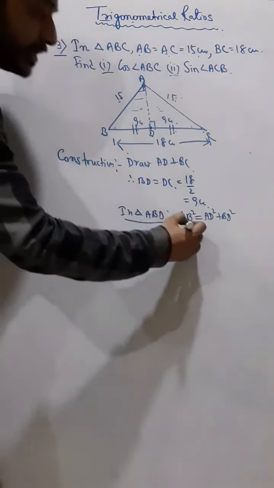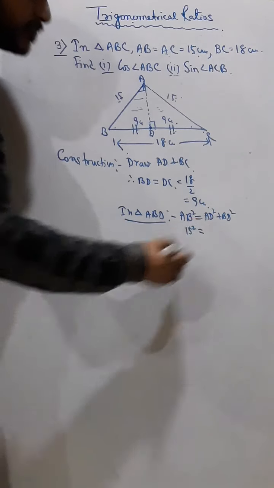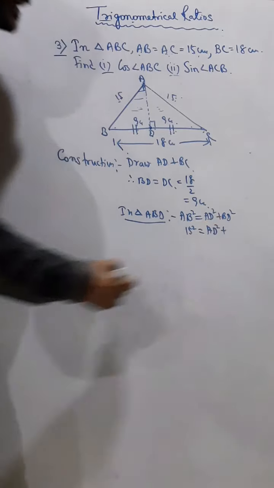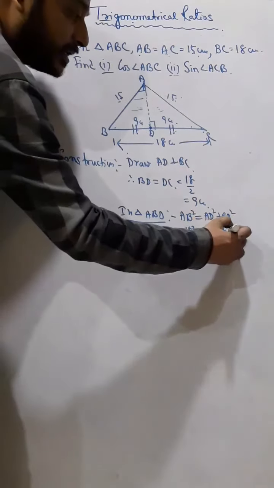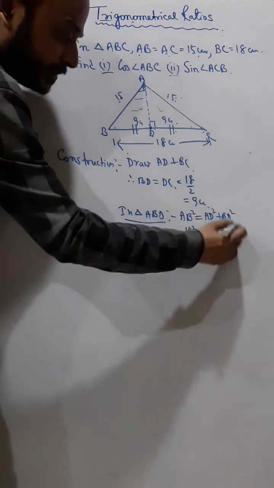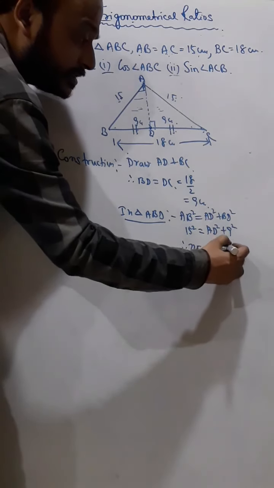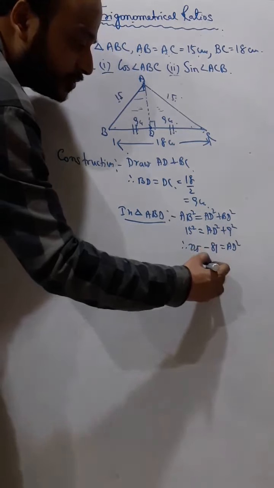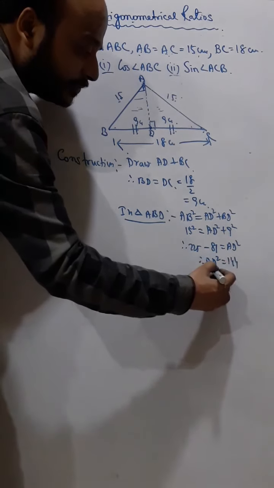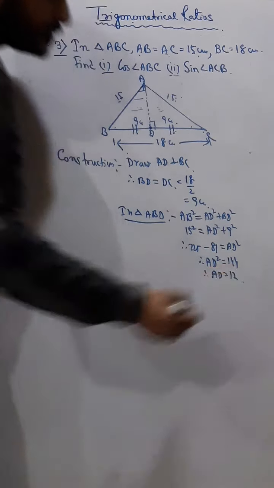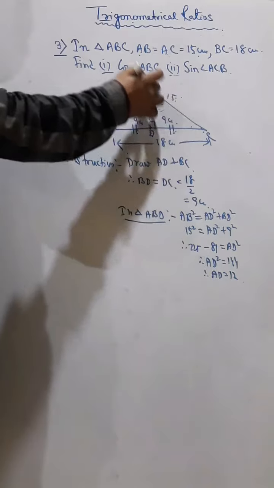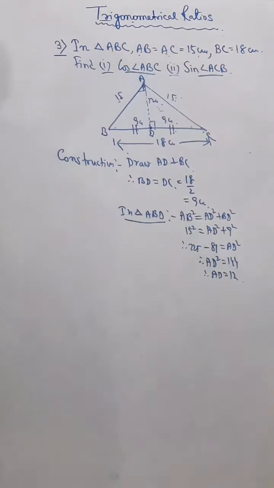So AB square is 15 square, AD we have to find, and BD square is 9 square. So 225 minus 81 is equal to AD square. So we will get AD square as 144, and we will get AD as 12. Okay, so we got AD as 12, and now we can easily get the rest.